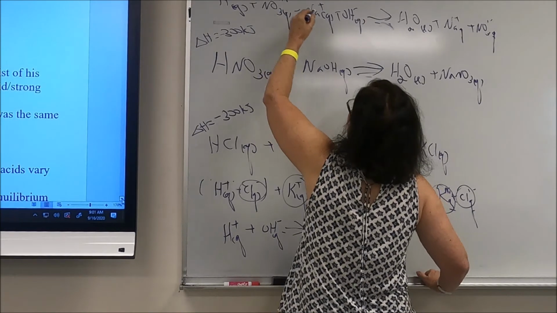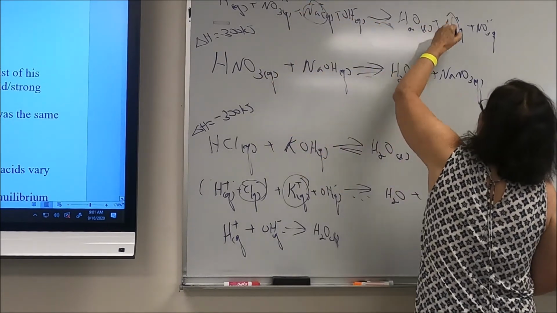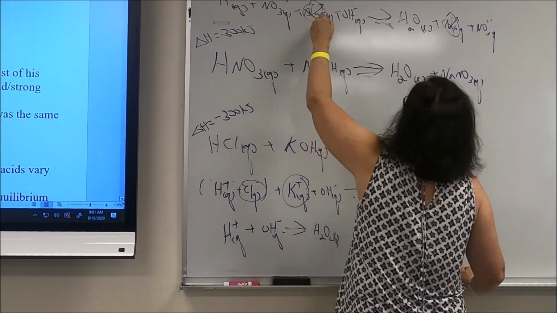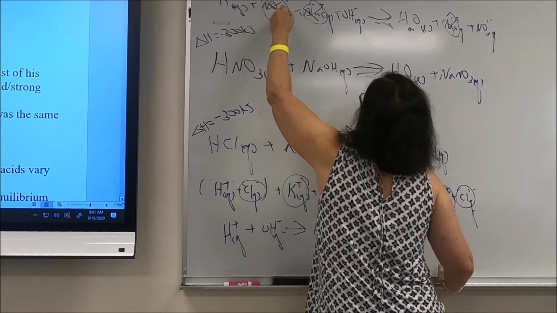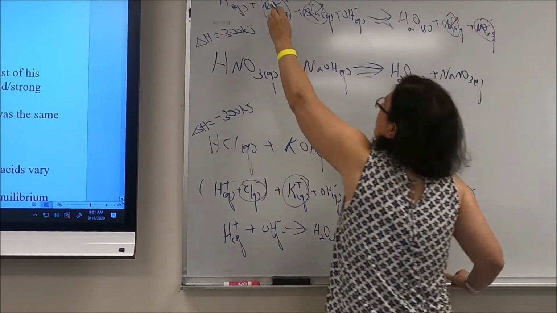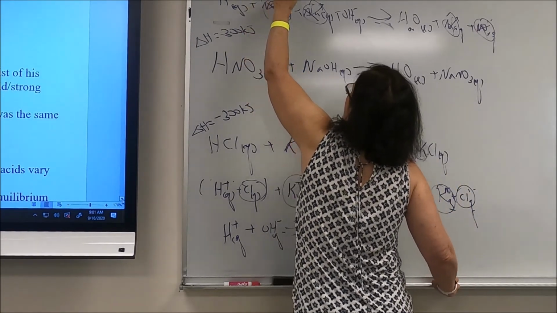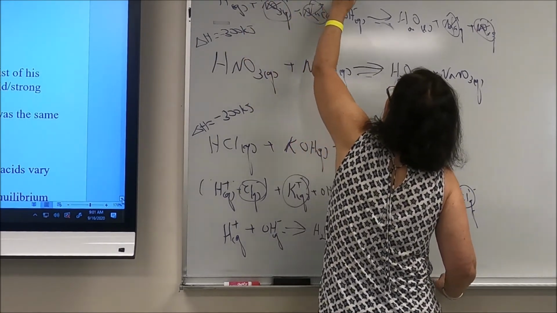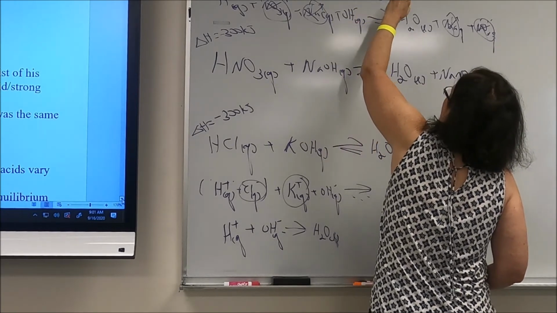And again, notice that sodium ions and sodium ions are on both sides, they cancel out. The nitrate ion and the nitrate ion are on both sides, they cancel out. So we get H+ plus OH- going to water.